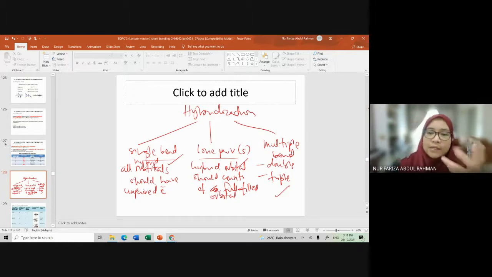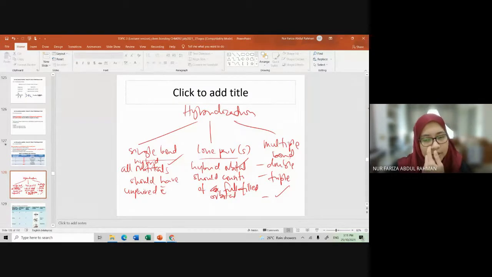For multiple bond, we refer to the Lewis structure, and then we identify there's a double bond. That means we have one pi bond there.